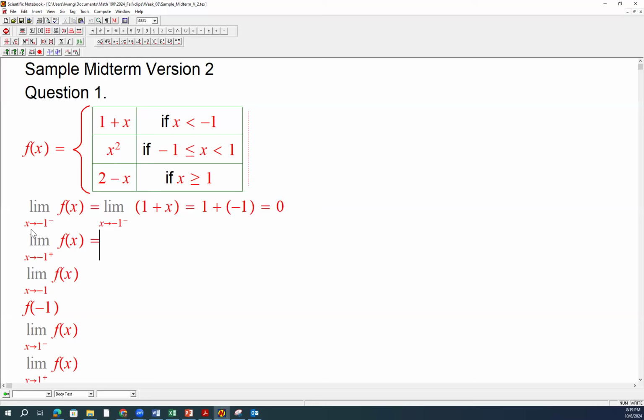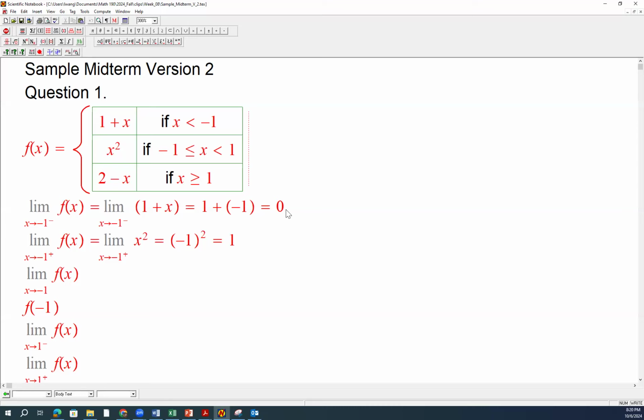And the limit from the right, as x approaches -1 from larger, falls into the second rule, which is x squared. Direct substitution gives -1 to the power 2, which equals +1.